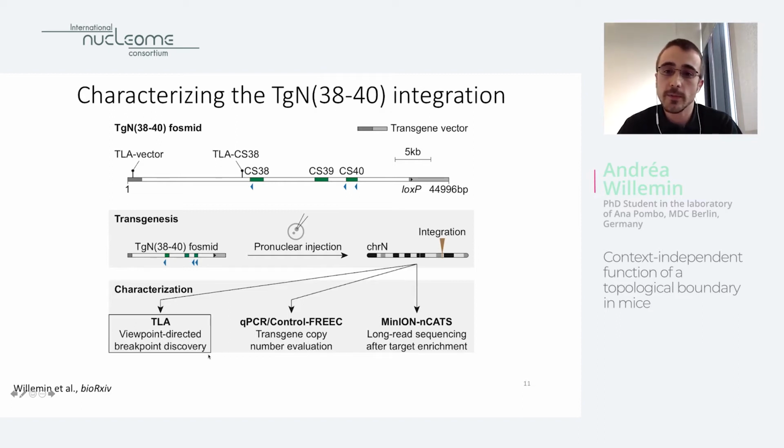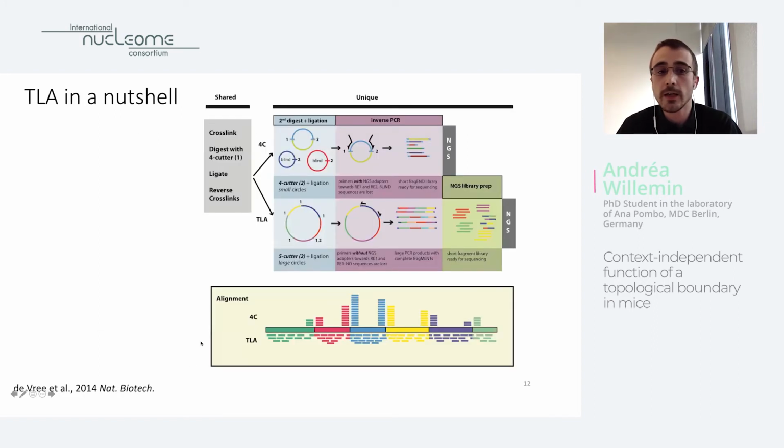So we started characterizing the line by a technique called targeted locus amplification, or TLA. As a brief summary, TLA is a method that is very similar to 4C-seq.